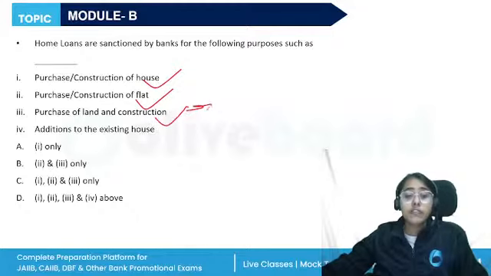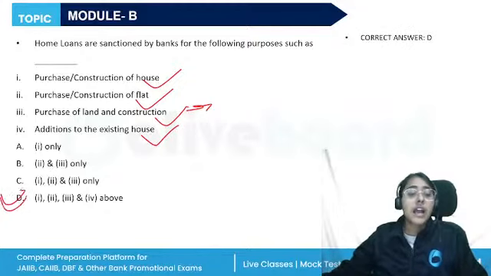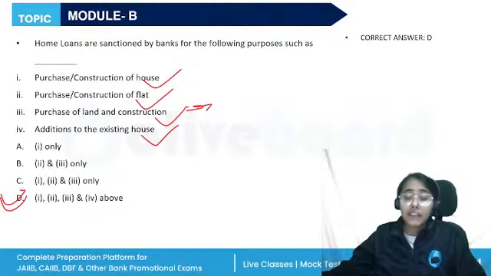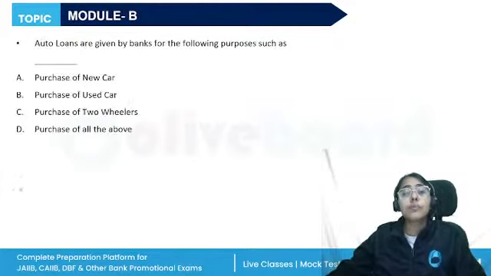Purchase of land for construction of a house thereon, addition to the existing house, so all of the above. Apart from this, home loans are also given if the individual wants to buy an old house, a second-hand house, or a second housing dwelling. If they're living as a tenant and want to purchase that same house, for that also the banks will provide loans.